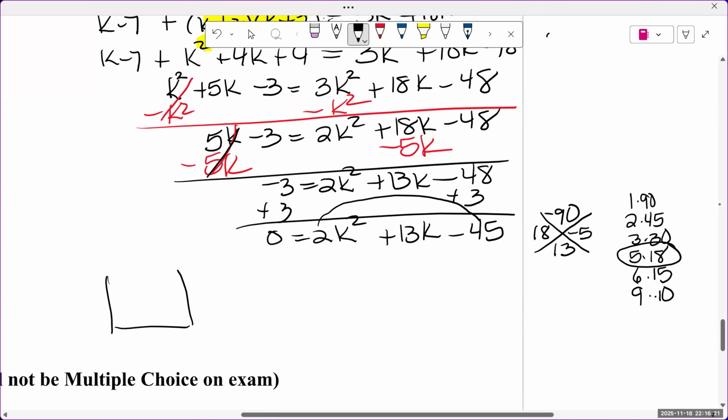Now we have to do the box because we have a coefficient in front of my leading term. So 2k squared goes here, negative 45. I have 3 terms, I have 4 spots in my box. So 13k is going to split into 18k and negative 5k.